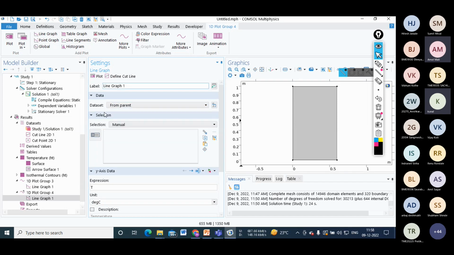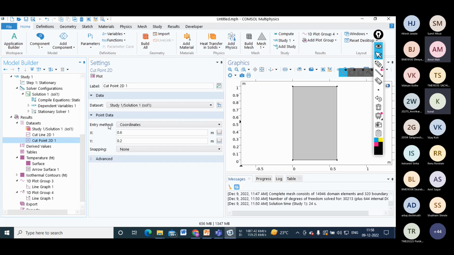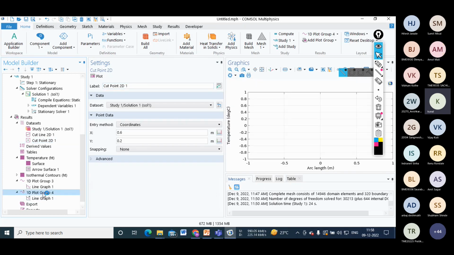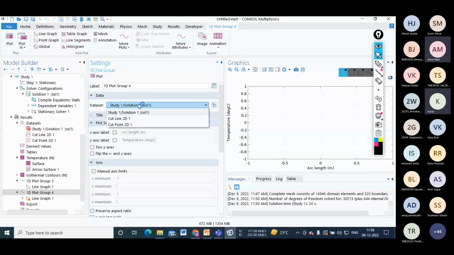I want to take cut point 2D, whether this point is generated. Now it is generated point.